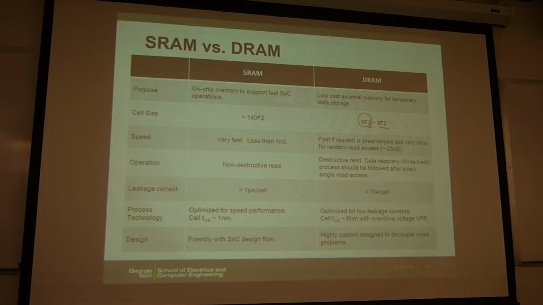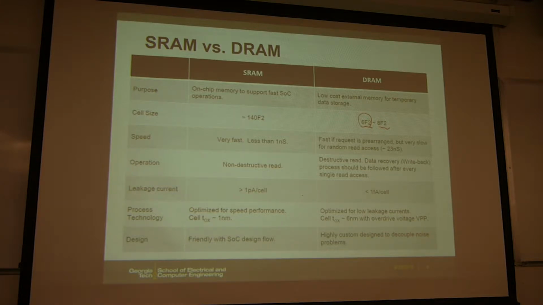But DRAM is about 1 order of magnitude slower than the SRAM. And here's operation. SRAM is non-destructive read. DRAM is a destructive read. We will talk about this later. When you read the DRAM cell, actually you are going to disturb the state, and then we need to recover the state. So we will talk about this later.